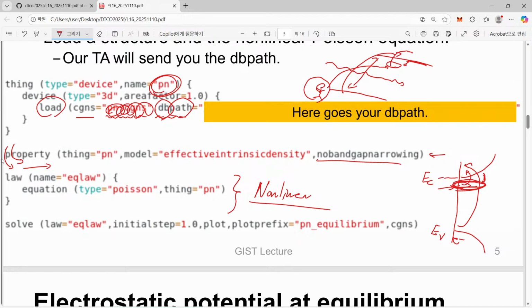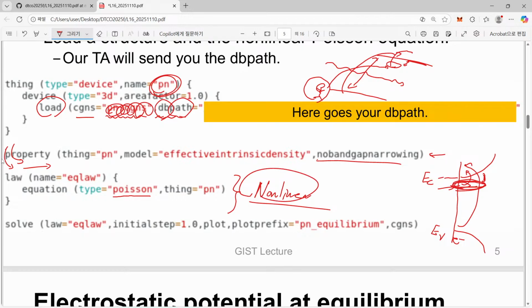Then how can we find a nonlinear Poisson equation? There is nothing like a nonlinear Poisson equation. The equation type is just set as Poisson, and if that is used standalone, then it is interpreted as its nonlinear form.